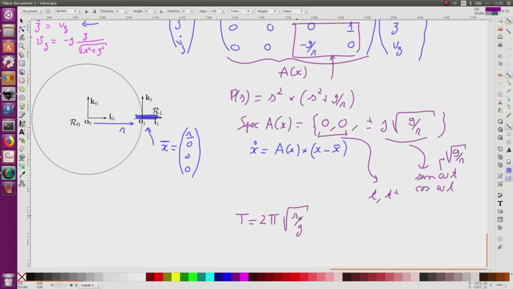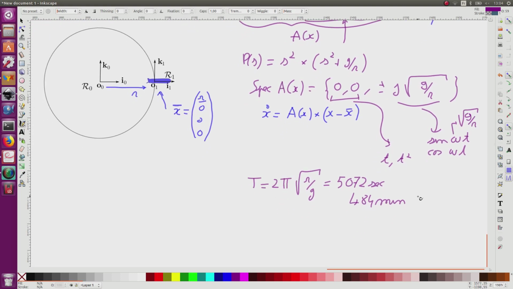And if I compute with the radius of the Earth and g 9.81, I obtain 5072 seconds, which corresponds to 84 minutes. So when the inertial unit is badly initialized, I observe some oscillation corresponding to 84 minutes.